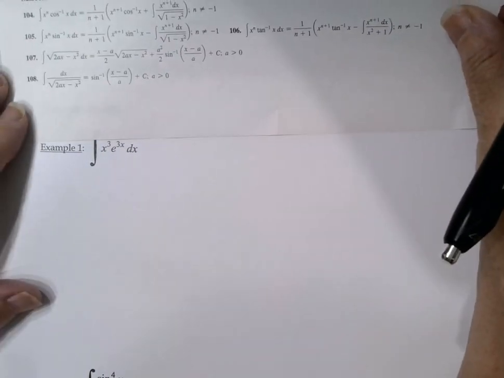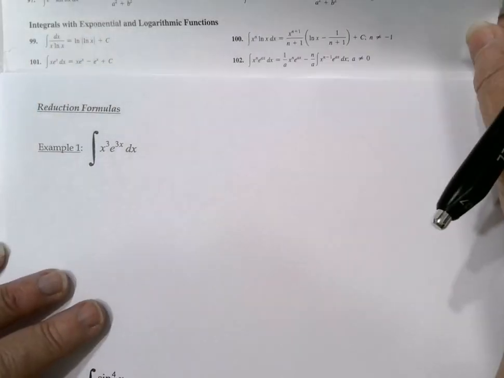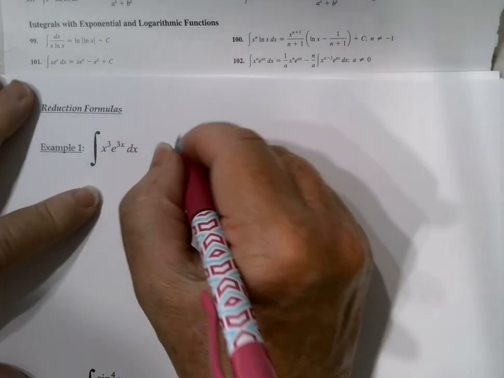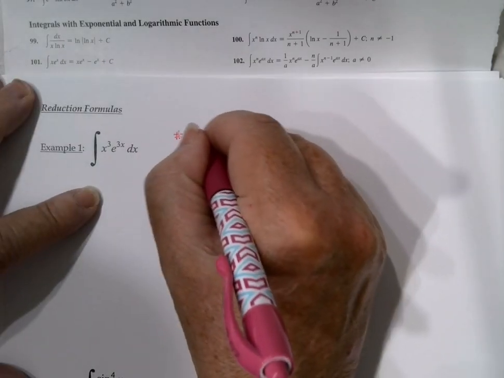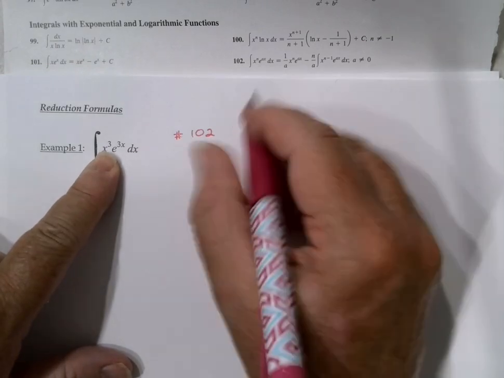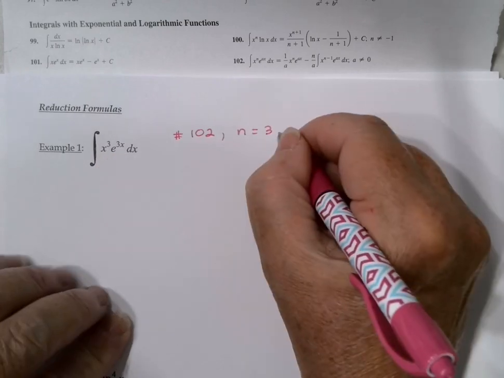So let me get that where you can see it. There we go. So we're going to use number 102. And right now I'm going to notice that my n is 3 and my a is also 3.